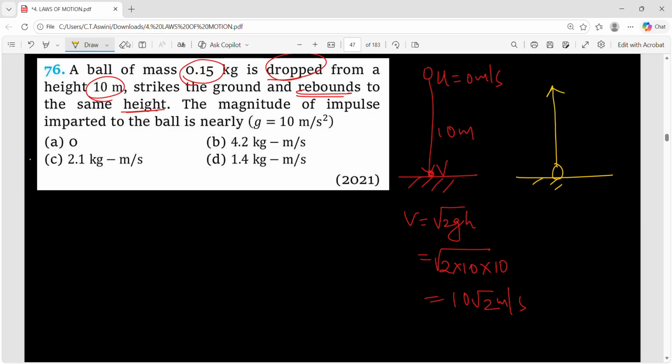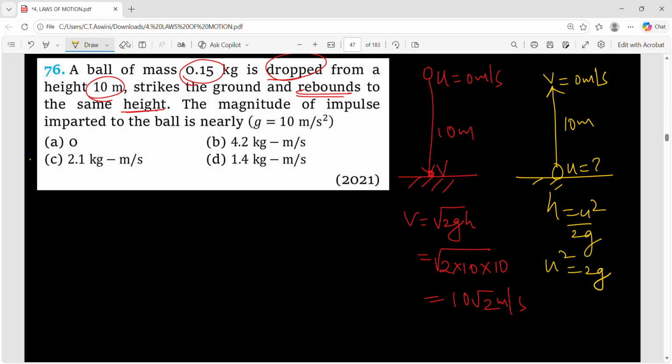So after hitting the ground, what is the continuation of the question? It is rebounding to the same height. That means after striking the ground, the ball rebounds to the same height of 10 meters. That means after going 10 meters, its final velocity becomes 0. And what will be the initial velocity here when it is going back?